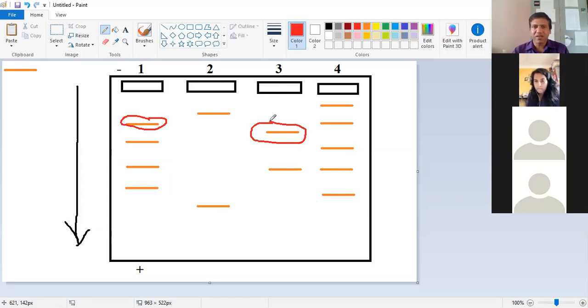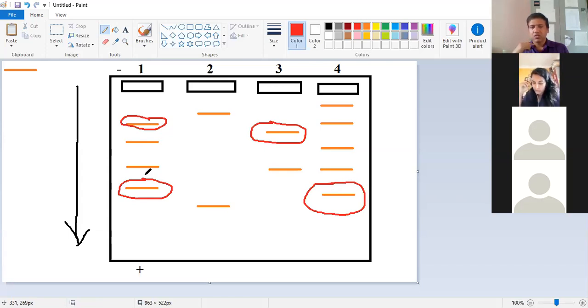And this particular DNA molecule in sample 4 is equal in size to this particular DNA molecule in sample 1. I'll show you in the next class how we can calculate the molecular weight of the DNA molecules using agarose gel electrophoresis.